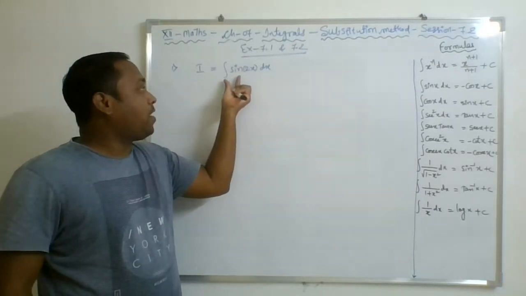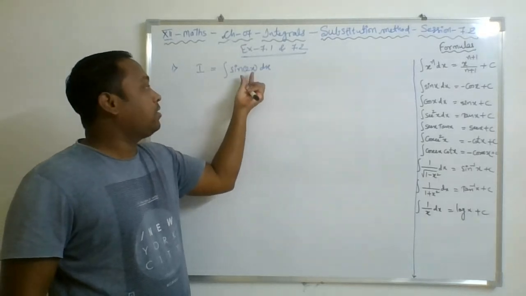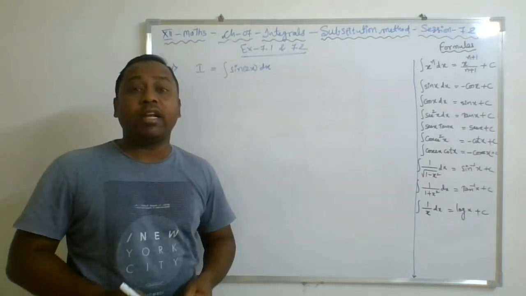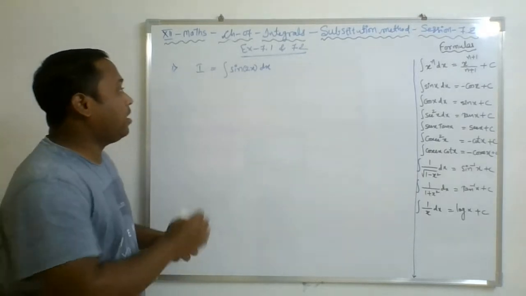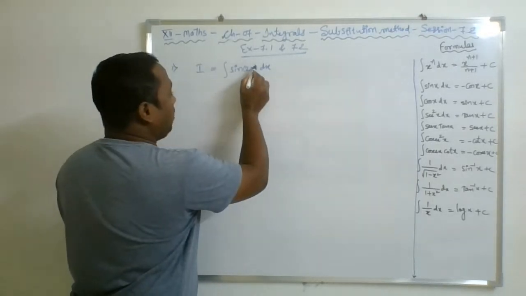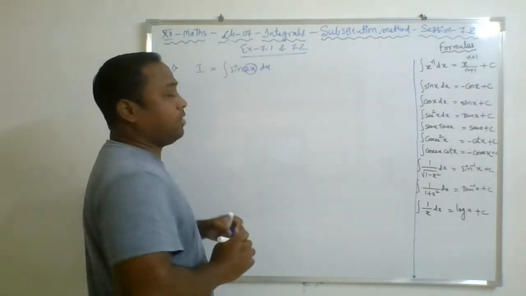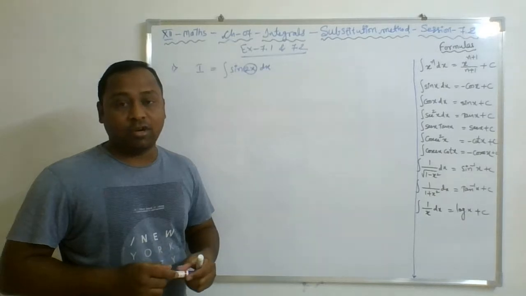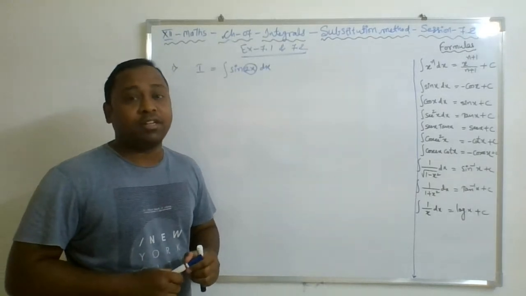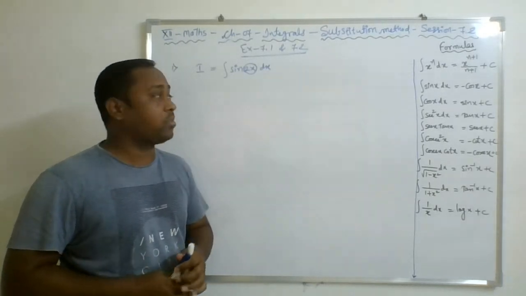So it's called a function of function. Hence, in this case, you can use the substitution technique. And the second thing is the derivative of 2x must exist. Then only we can use the substitution technique. Otherwise, it's not possible.